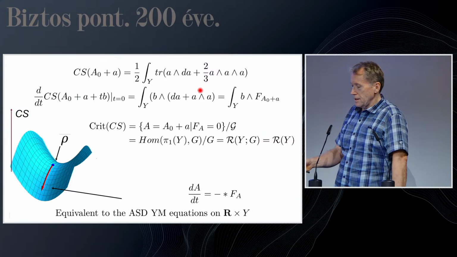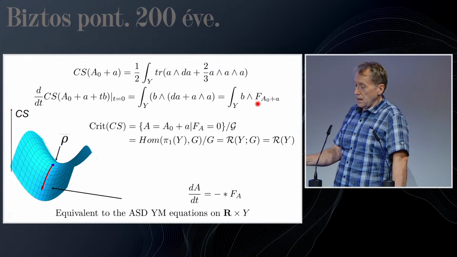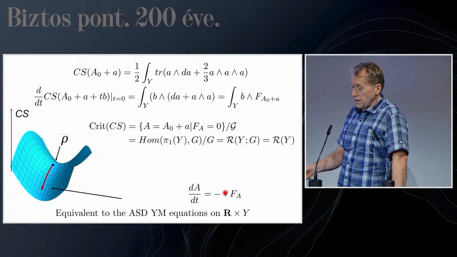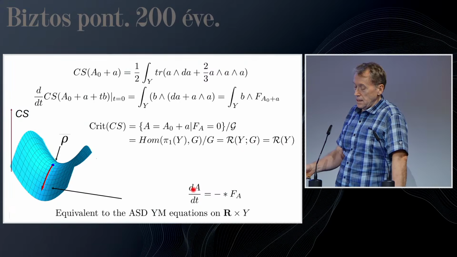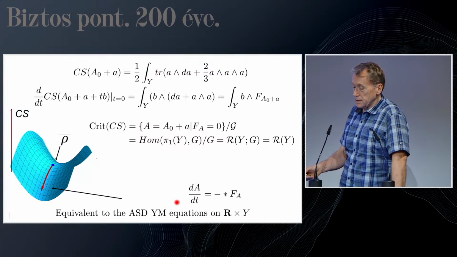So you get rid of the 3, you get this. And this is just the curvature of the connection. So the derivative of Chern-Simons in a particular direction is obtained from the curvature of the connection paired with the direction that you're moving in. So the downward gradient flow, in a natural sense, is this equation, which turns out to be equivalent, as Peter mentioned, to the anti-self-dual Yang-Mills equations.